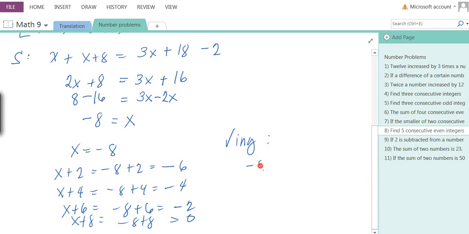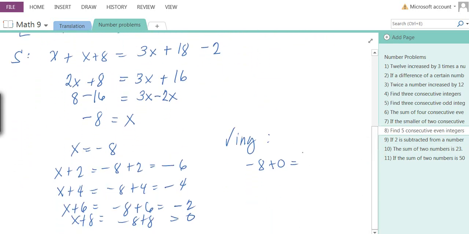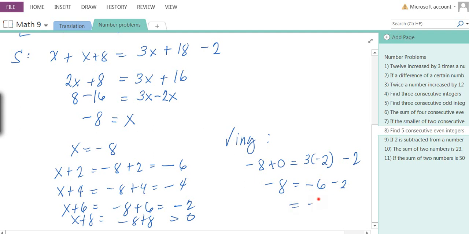So negative 8 plus 0 is equal to 2 less than 3 times the fourth. So 3 times the fourth is 3 times negative 2, minus 2. And then this is negative 8, negative 6 minus 2, negative 8 on both sides.